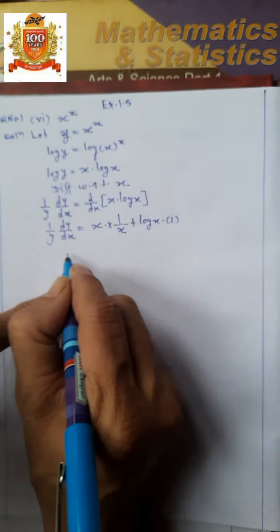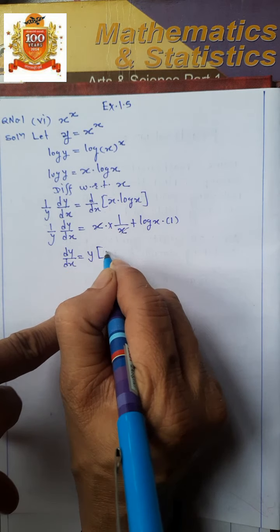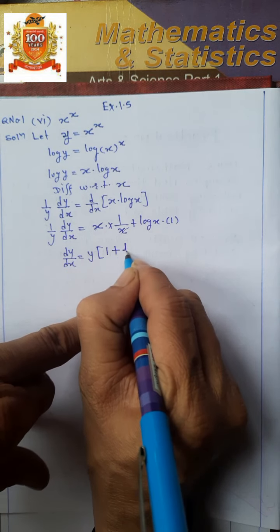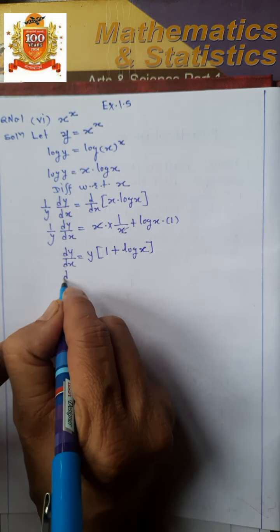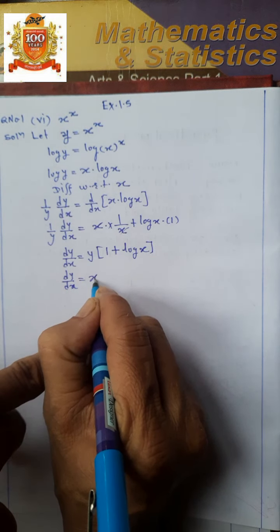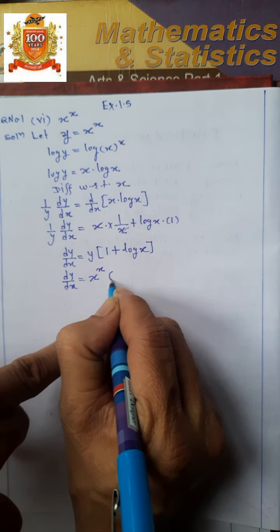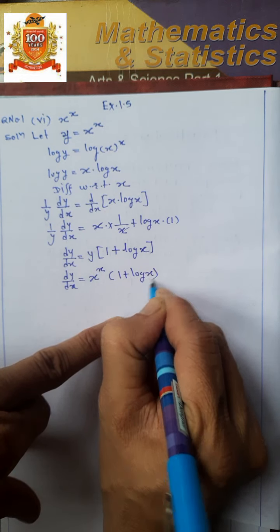Therefore, dy by dx is equal to y in bracket, this x gets cancelled, 1 plus log of x. That is, dy by dx is equal to x raised to power x into bracket 1 plus log of x.